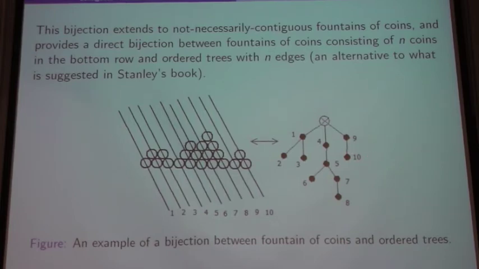As I said, the problem was stated in Stanley's book, but the suggested bijection there is a 2-3 step connection with other things, and I believe this is a new, straightforward alternative bijection between not necessarily contiguous fountains of coins and ordered trees. I described the previous one because that's really what I wanted. Okay?